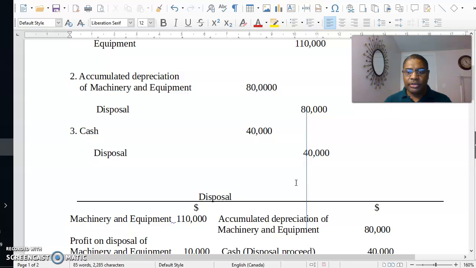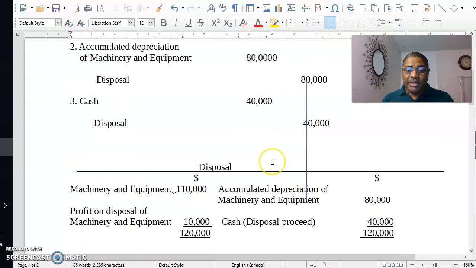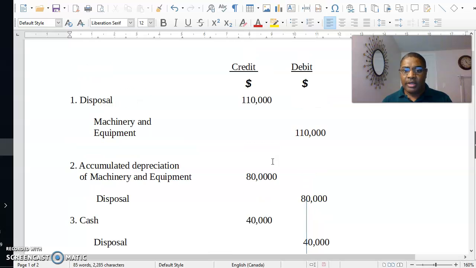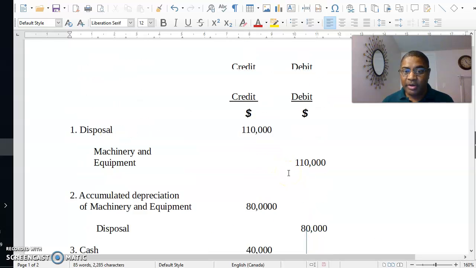Now, I know students, even after this explanation, might still be confused about the entire concept, right? In particular, the calculation of the profit.